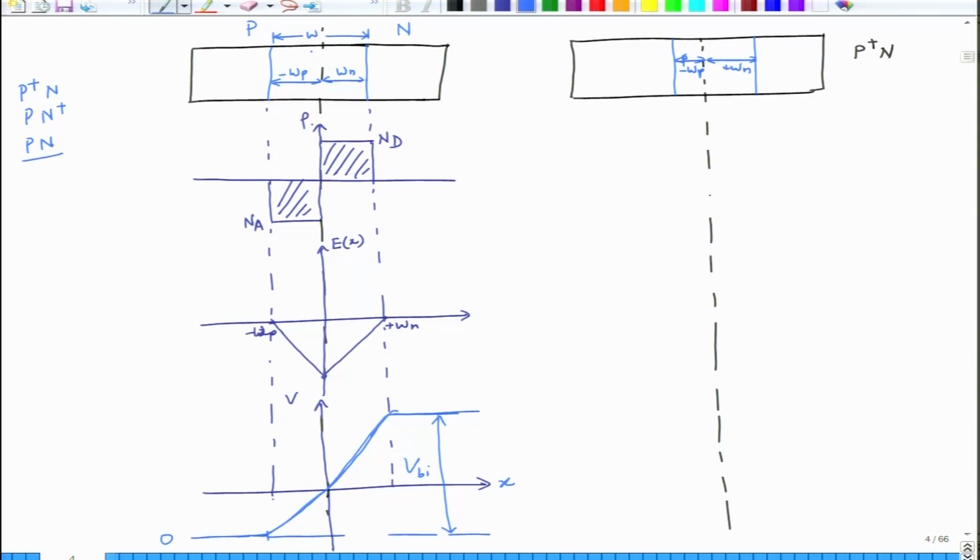This would be the negative fixed charges, and this will be the positive fixed charges. Now if you plot the charge density, the charge density in this region is lower but extends for a longer distance, while in this case it is higher but for a shorter distance.